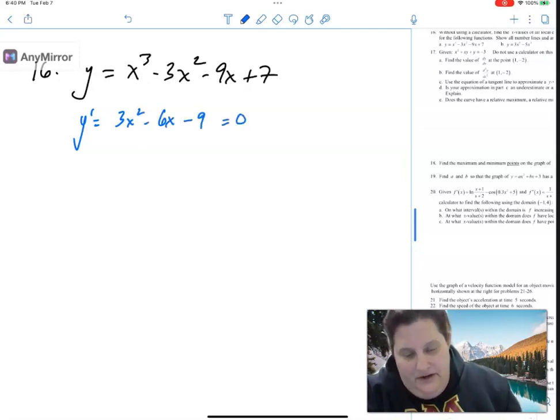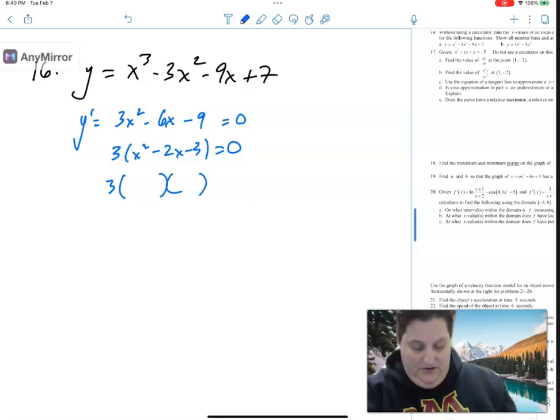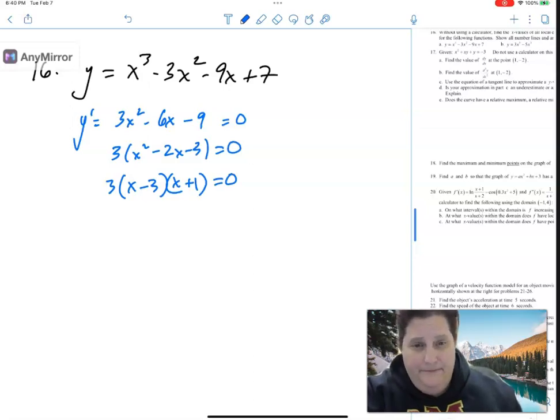If I set that equal to 0, I can factor out a 3, and I get x minus 3 and x plus 1.